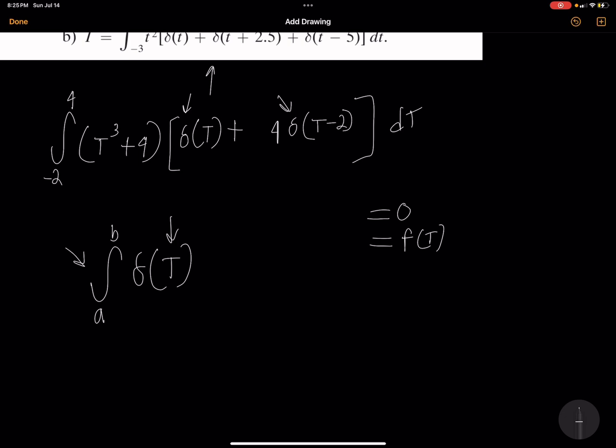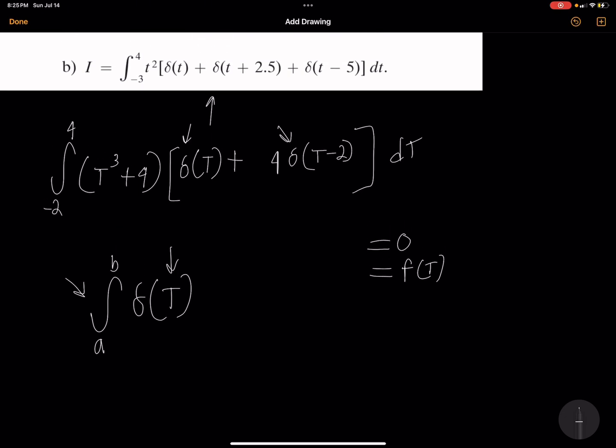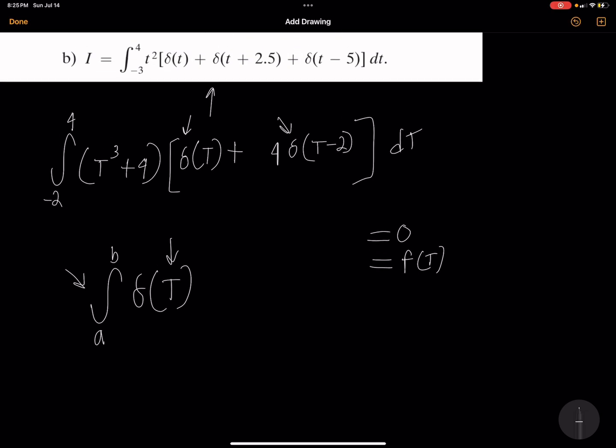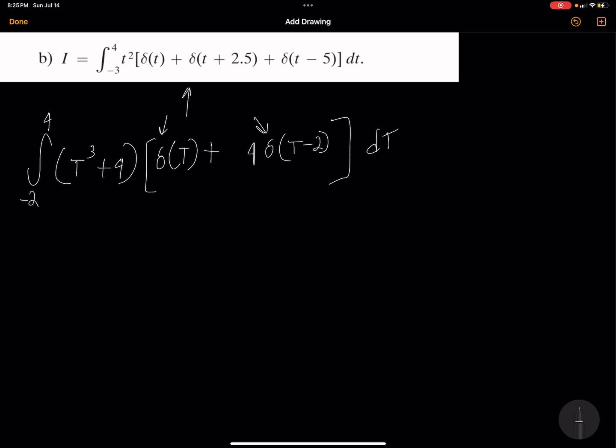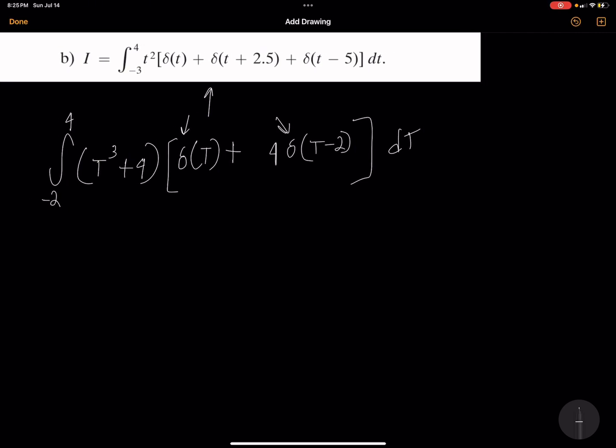So basically what I want you to get is if, for example, this Dirac delta function is t equals 2, right? That is within the bounds of -2 to 4, so that will not be a 0. It ends up being a function, and I will go into details of how to solve it in more depth. So your first step really is to see how to solve the Dirac delta function.